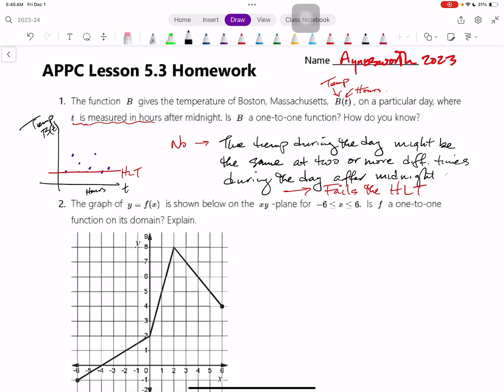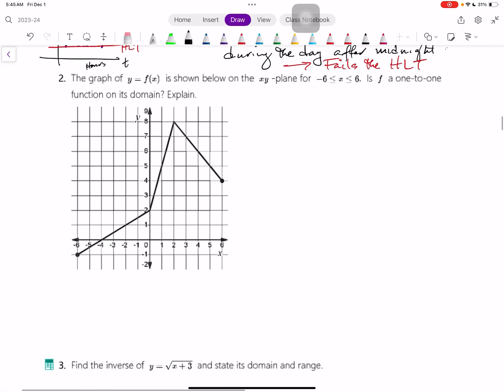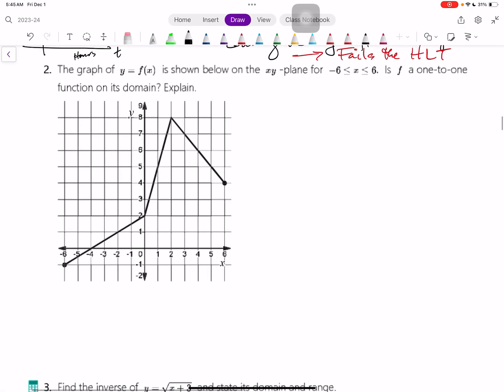Number 2, the function's given here on the interval from -6 to 6. So this is your domain of the function. Notice it's -6 here, and notice it's +6 here, and there is your domain. Then they're asking, is f 1 to 1?